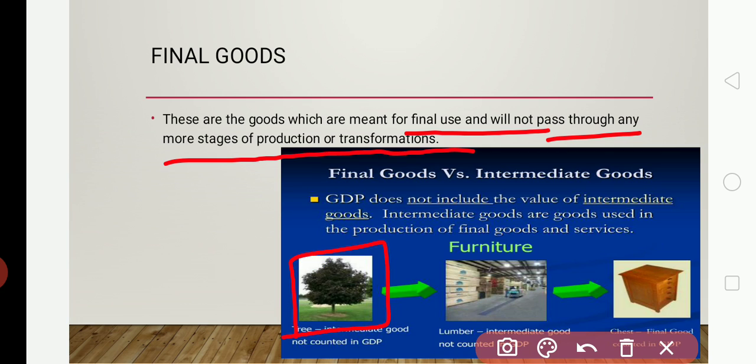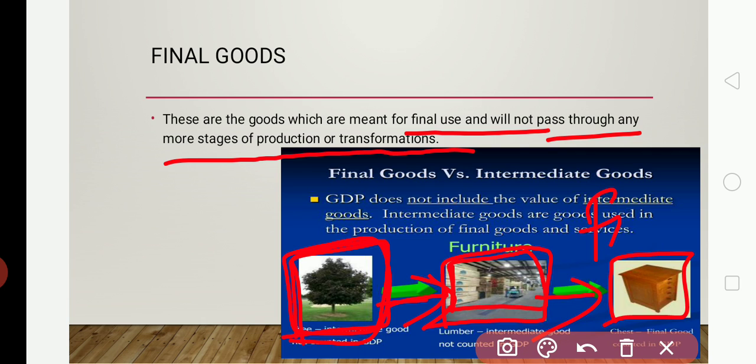Here is a tree, and the tree is cut, and that tree is given to an industry. In the industry, the tree is converted into any kind of furniture, and finally it becomes a cupboard or a table. So this tree is a natural resource, and by using the artificial environment, it is manufactured in the industry and converted into different varieties of goods, and finally it comes out as a final good.